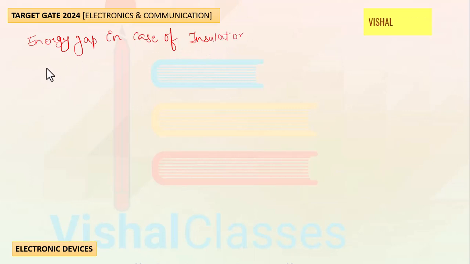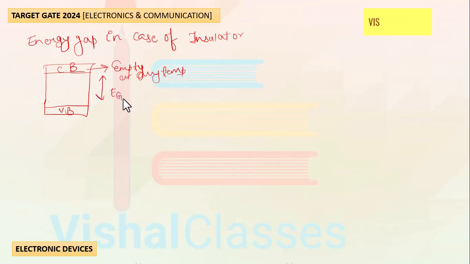The conduction band will be empty at any temperature, and this energy gap will be greater than 5 electron volt. Large energy band gap.